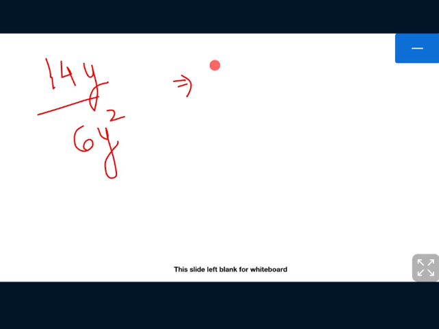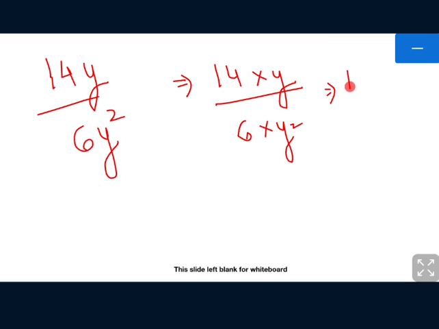14y, I can write it as 14 multiplied by y, right? And 6y squared, I can write as 6 multiplied by y squared. And then you have to do exactly the same, like when we were multiplying numbers together and letters together. We have to divide numbers and divide letters.